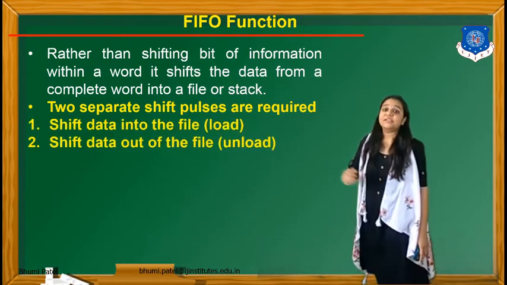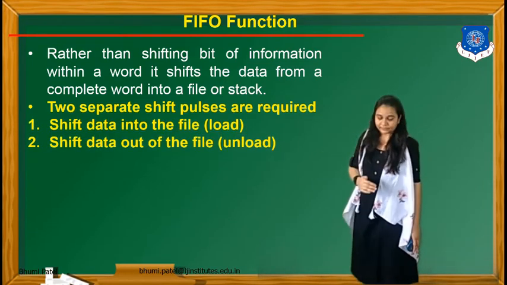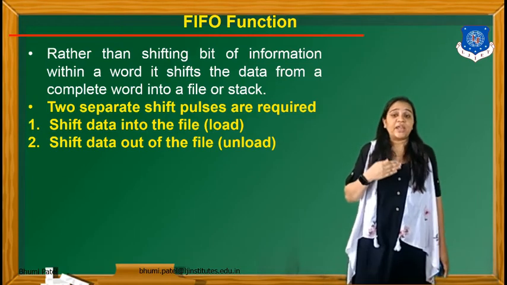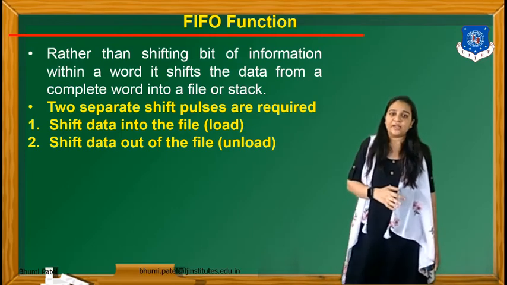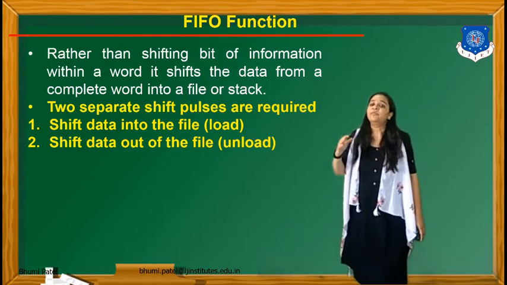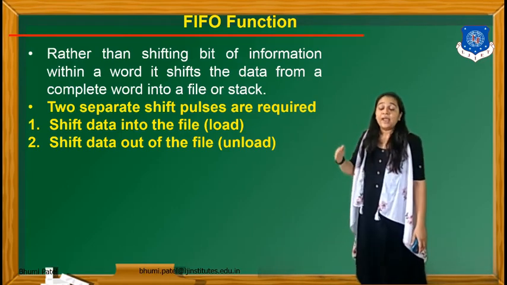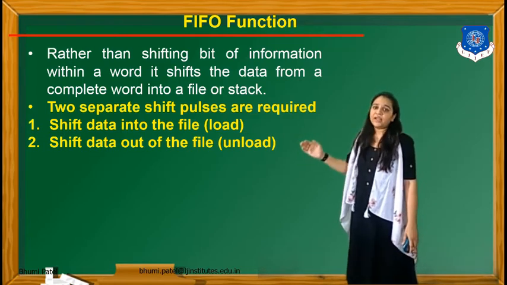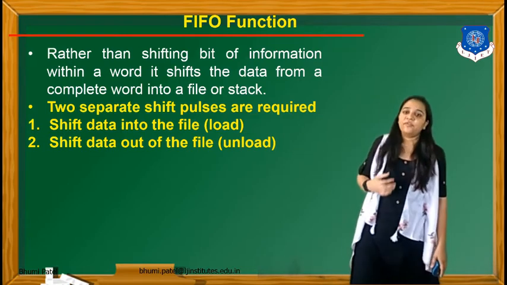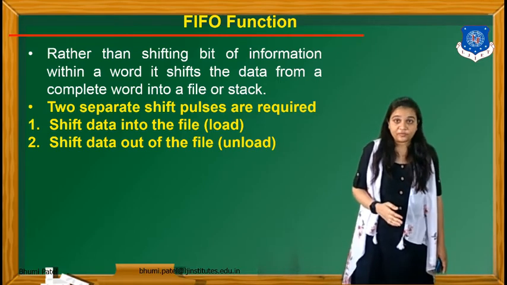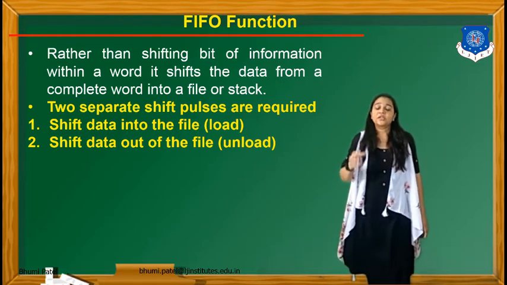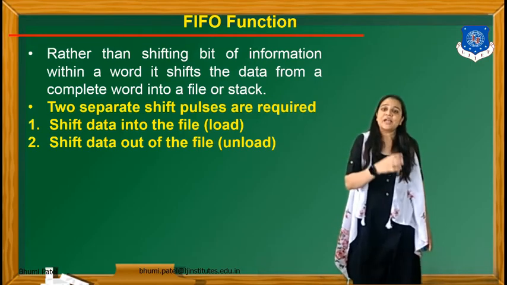The first one is shift data into the file. If we have to load data into a particular file, we use the load option. The second option is shift data out of the file, if we have to unload the data, because FIFO means first input data and first output data.